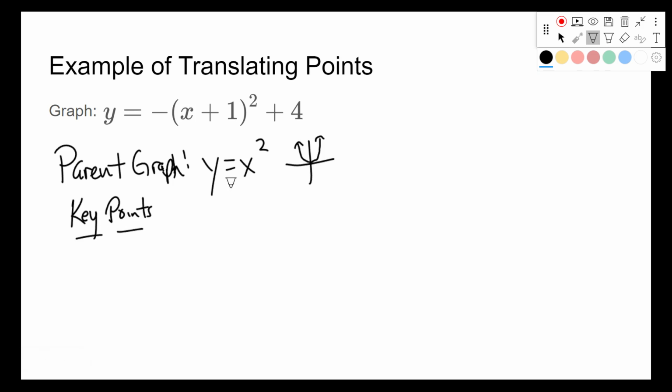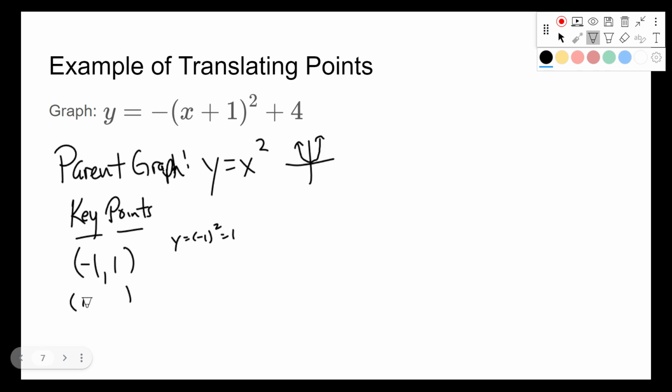Your key points are easy to identify. All you're going to do is take simple numbers like -1, 0, 1, whatever they may be, and substitute them in for x and figure out its y value. So for example, if I take -1 and substitute it into y equals x squared, I would get -1 squared, that's 1. So there's one key point, -1, 1.